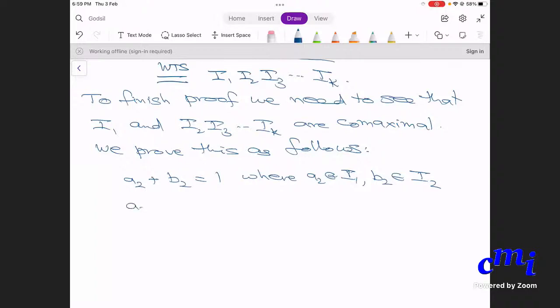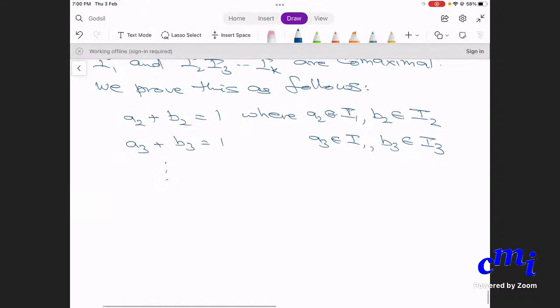Similarly, A3 plus B3 is equal to 1, where A3 is in I1 and B3 is in I3. This is because I1 and I3 are co-maximal. So we get a whole set of elements. AK plus BK is 1, where AK is in I1 and BK is in IK.